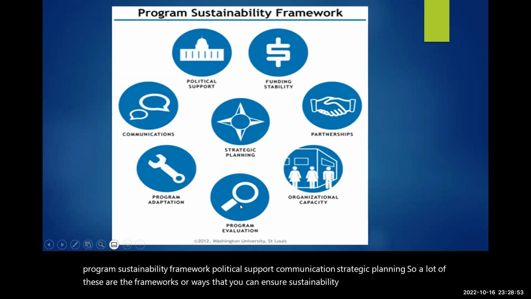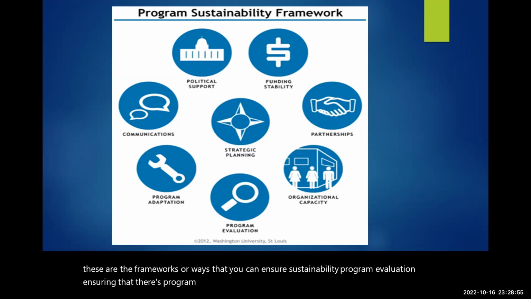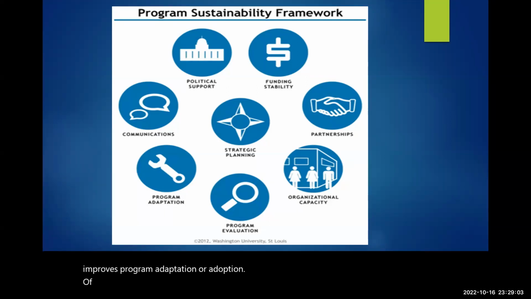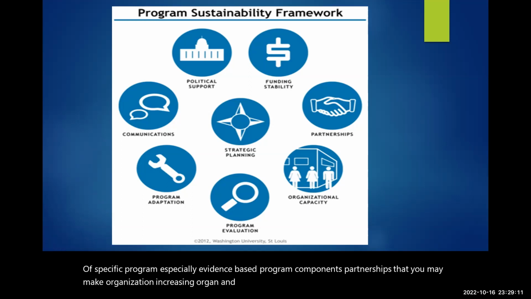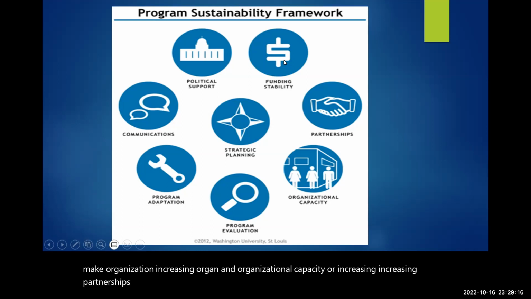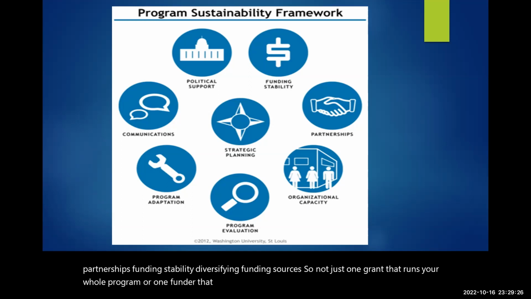Program evaluation, ensuring that there's program evaluation so the program constantly improves. Program adaptation or adoption of specific program, especially evidence-based program components, partnerships that you may make, increasing organizational capacity or increasing partnerships, funding stability, diversifying funding sources, so not just one grant or one funder that runs your whole program, and political support for it.